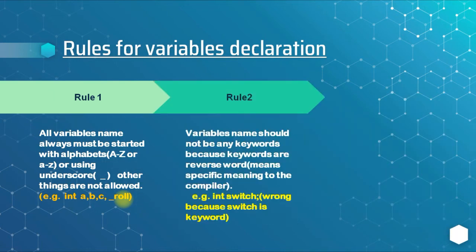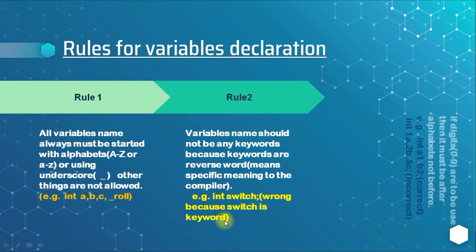Next rule is that a variable name should not be any keyword, because keywords are reserved words, means every keyword has a specific meaning to the compiler. Therefore, we cannot use any keyword as a variable name. For example, suppose int is our data type, so switch cannot be used as a variable name because switch is a keyword. So wrong, because switch is a keyword.